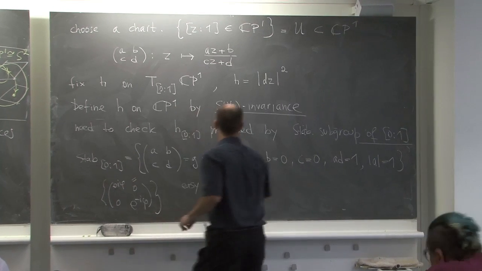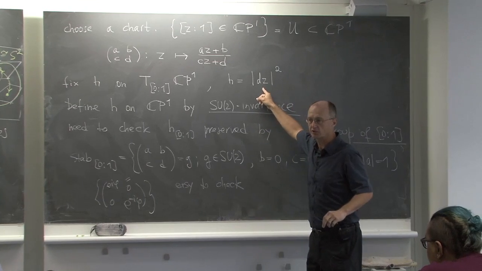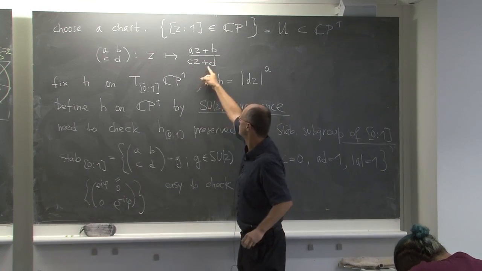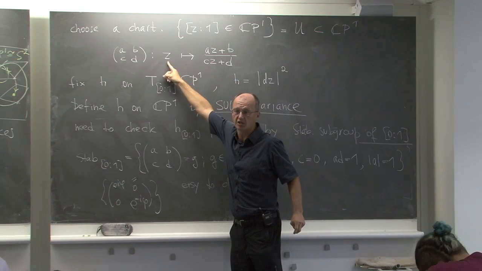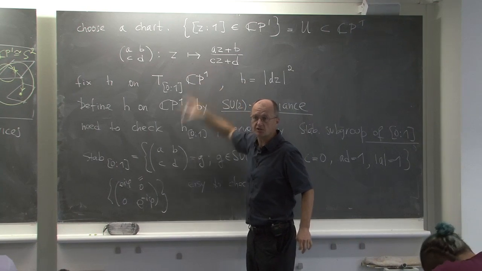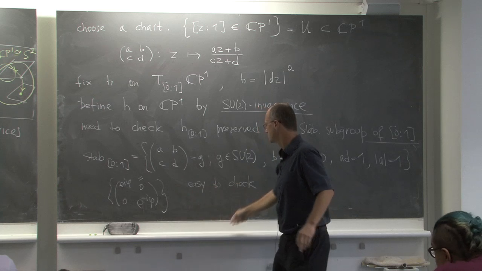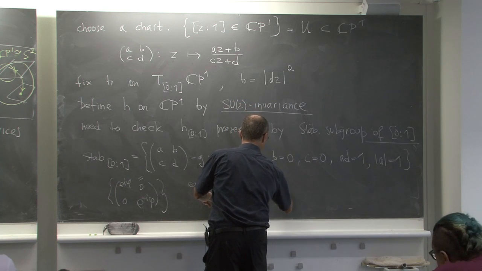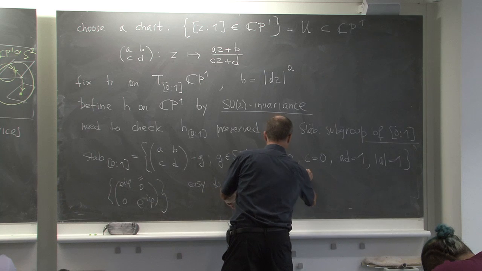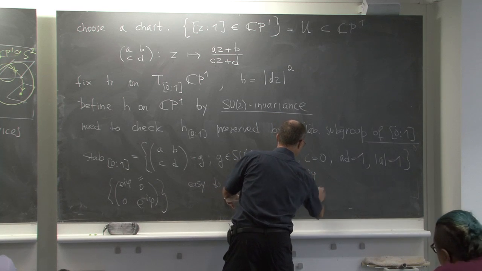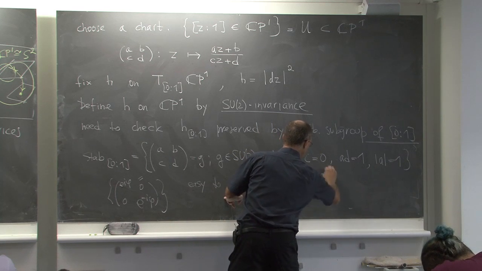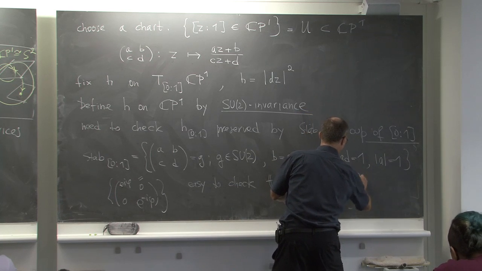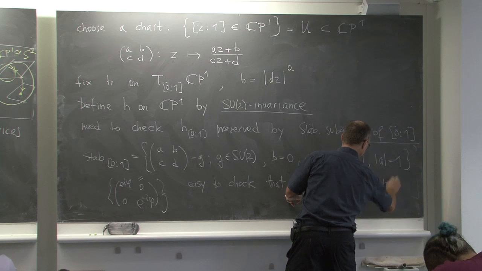It's easy to check that if you act on dz by these elements, one needs to differentiate the left-hand side and the right-hand side and see what the action on dz is. If one checks it, one sees that such elements map dz squared to itself.